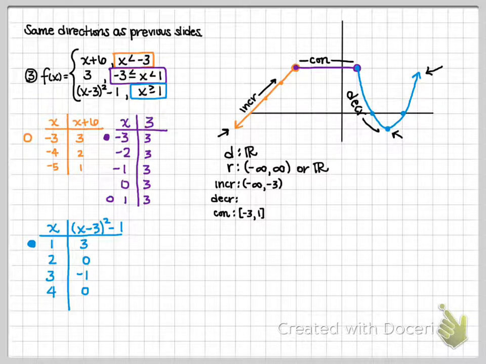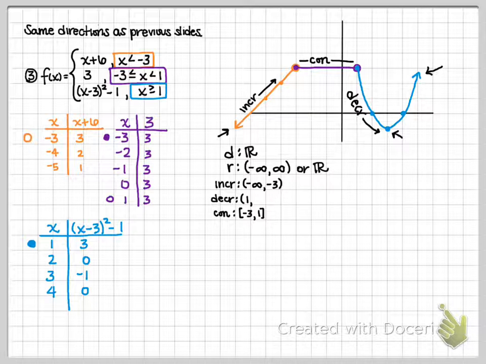But only as I get really close to the vertex of the parabola. So I'm decreasing immediately after the constant, so 1, as I get closer and closer to the vertex of the parabola. Well, the vertex of the parabola looks like it's at x equals 3.